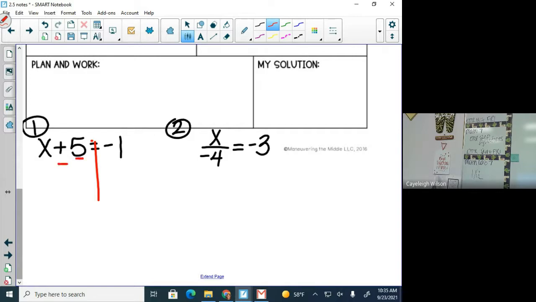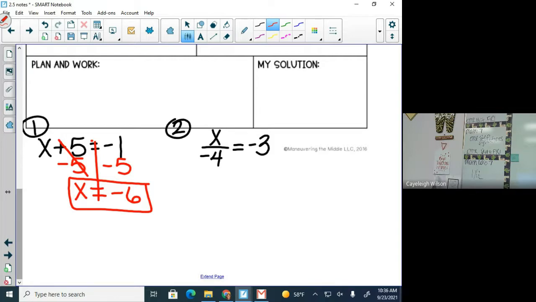So whatever I do once to one side, I also do it to the other side to keep them balanced. So 5 minus 5 is 0, which is what I wanted to happen, so I'm just left with x. And -1 minus 5 is -6. And then I can check it in my head or on my calculator. -6 plus 5, that is -1. So it's right.